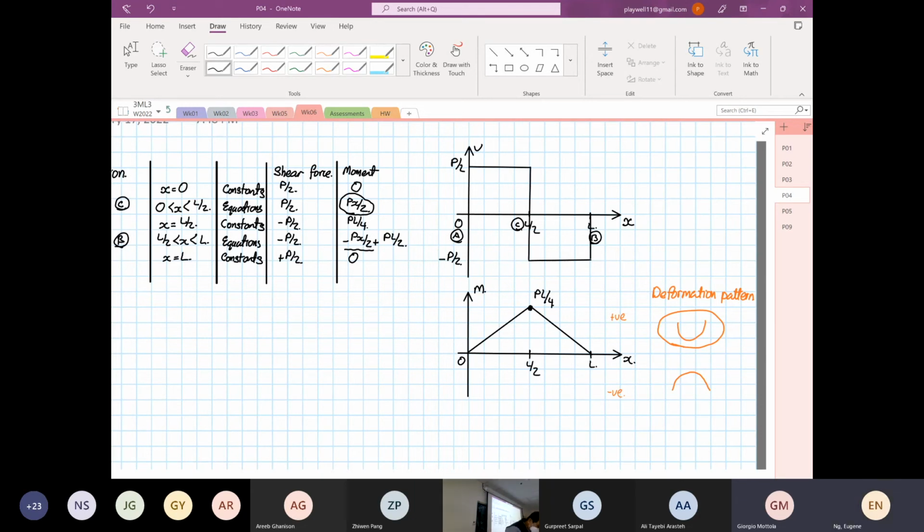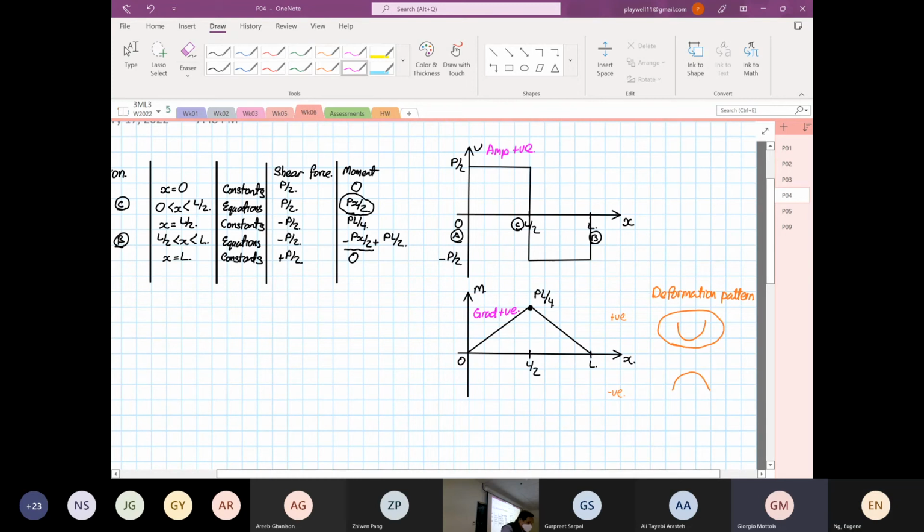On the shear force, from 0 to L/2, the amplitude is positive. Yes or no? From 0 to L/2, in the bending moment diagram, the gradient is also what?